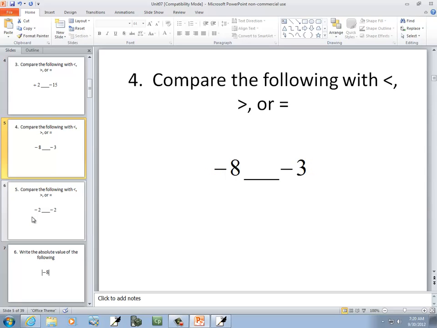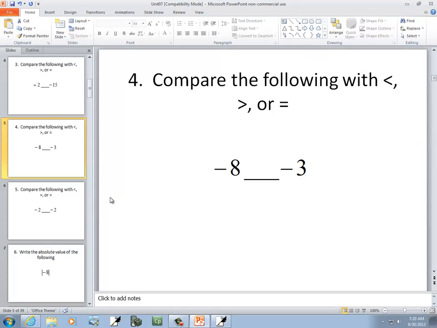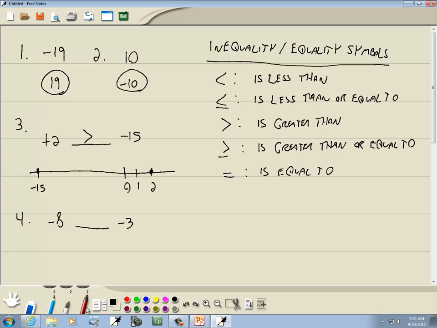Let's look at this one. We've got negative 8 and negative 3. Now, if I were to put negative 8 on number line, it'd be right there. If I were to put negative 3, it'd be right there. Because the way the numbers go is this is like negative 7, negative 6, so forth.